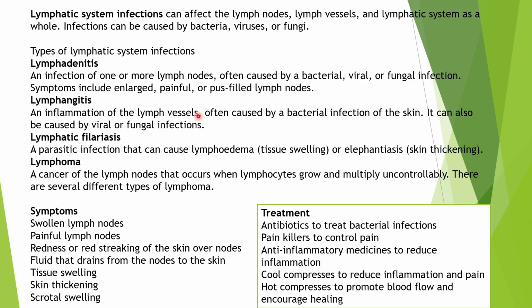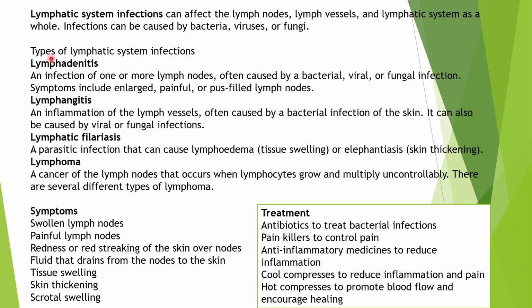Any part of your lymphatic system can be affected by infections once pathogenic bacteria, virus, or fungus enters your body. These infections can be caused by bacteria, viruses, or fungi. Types of lymphatic system infections.